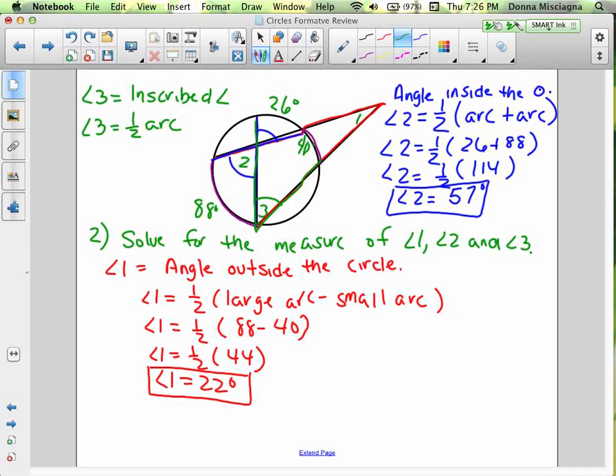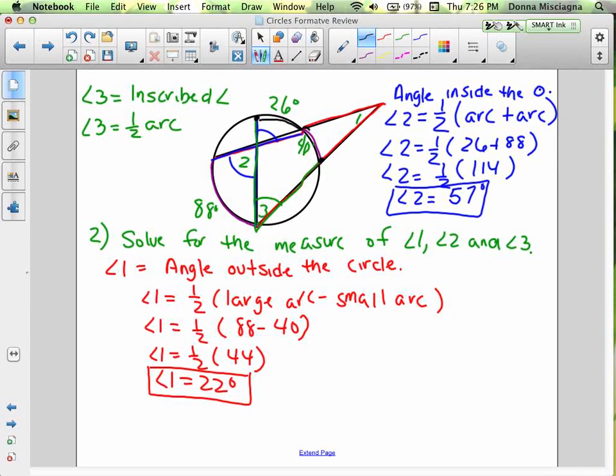Now we have to figure out the arc. Right? So now if we look at the two endpoints of our angle, we have one endpoint there and one endpoint here. That's where the angle intersects the circle.